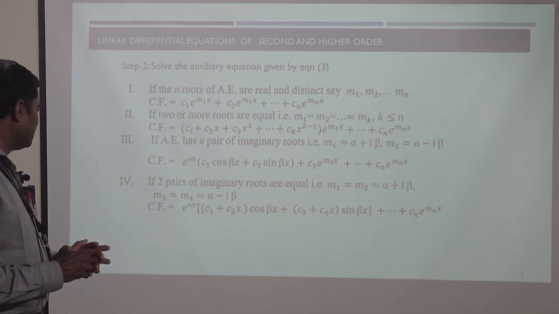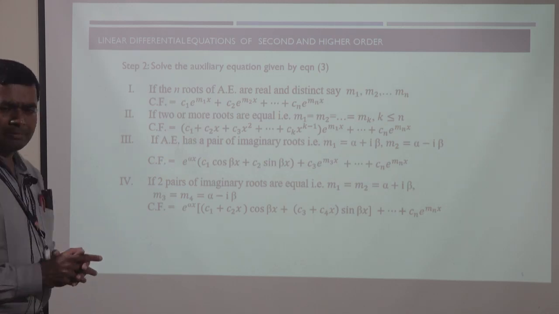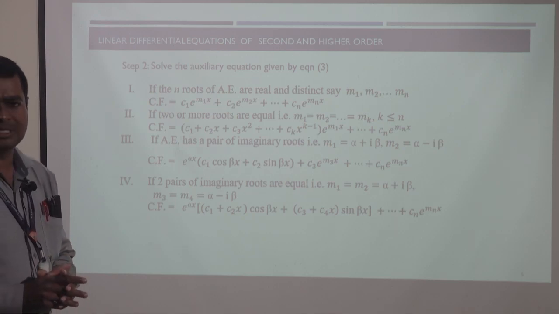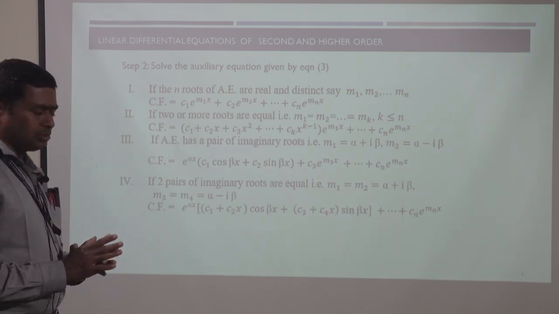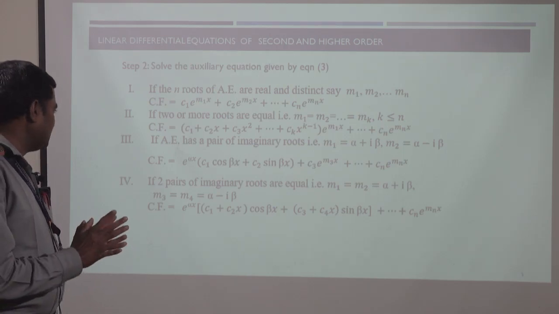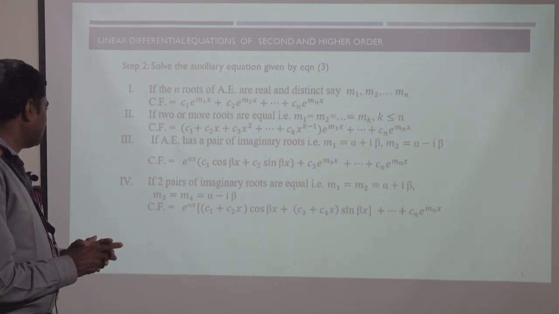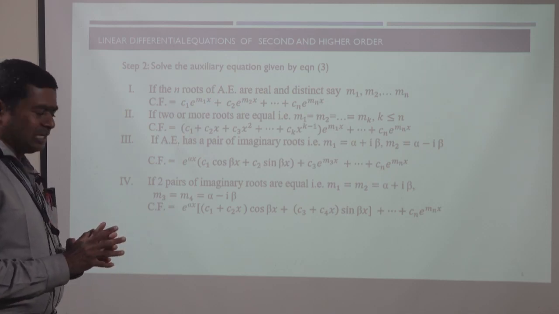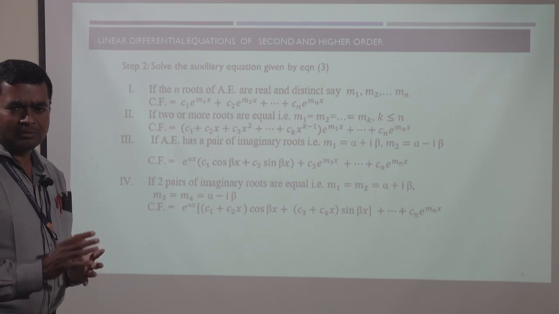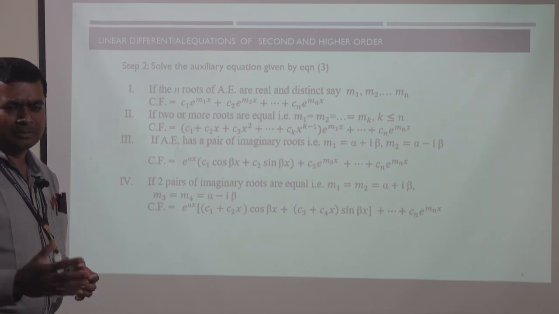The complementary function is equal to c1 e power m1x plus c2 e to the power m2x plus c3 e to the power m3x. Here there are 3 roots and these 3 roots are distinct, and c1, c2, c3 are all constants. In the first case, if the roots are n roots, m1, m2, m3 and so on up to mn.